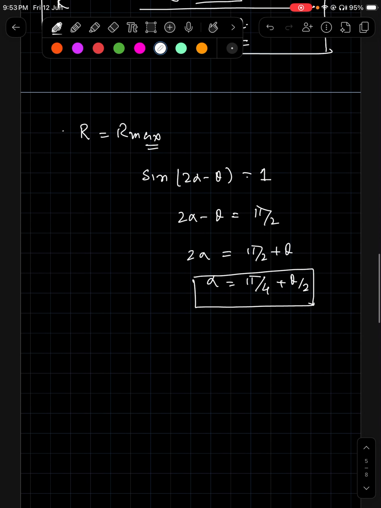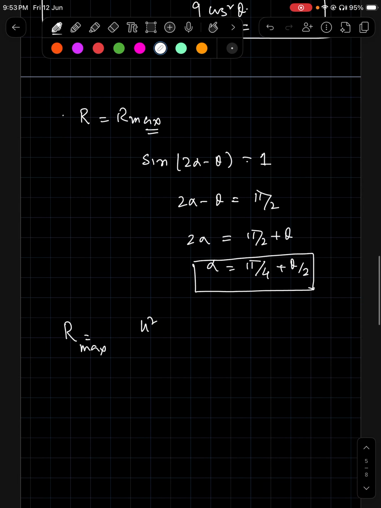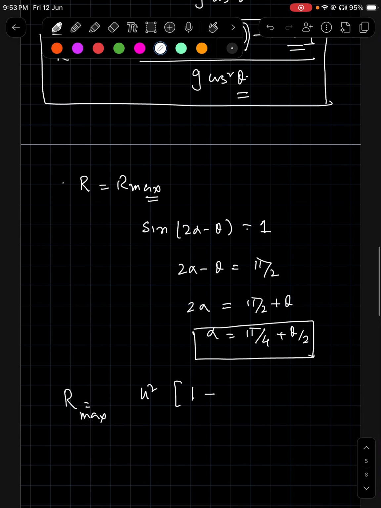And if I put that in to get the value of R max, it becomes u square, sine of 2 alpha minus theta is 1, so 1 minus sine theta by g cos square theta.